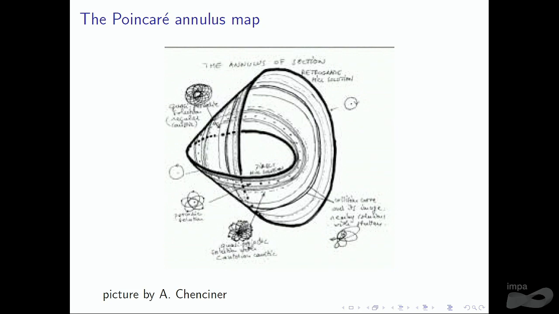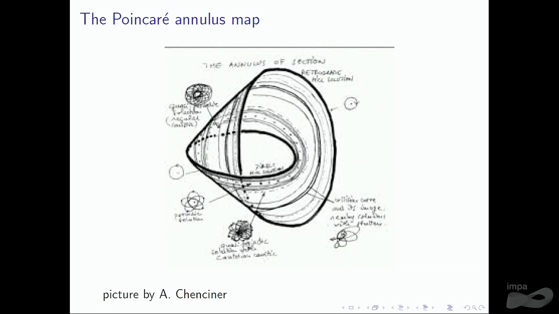Okay, so I will now come back to the statement of the Poincaré-Birkhoff theorem, and try to give an explanation why these periodic points exist. But I will consider a simple situation.